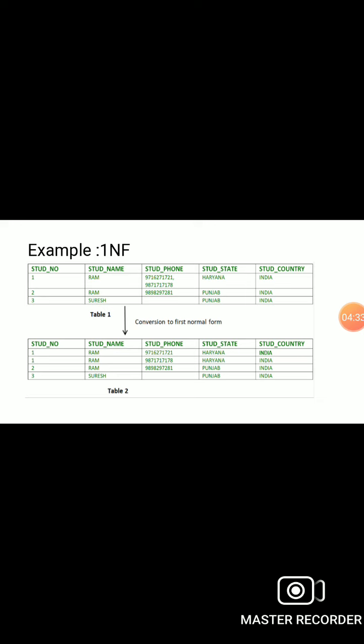But we observe only two RAMs, so the same names are repeated. Here we are splitting the table, because those two phone numbers are divided into another row. That means the RAM who has another phone number is the same RAM staying in Haryana, India. We are dividing the table as per our convenience. This is the first normal form.